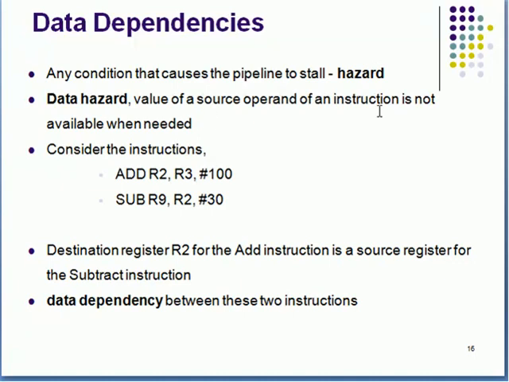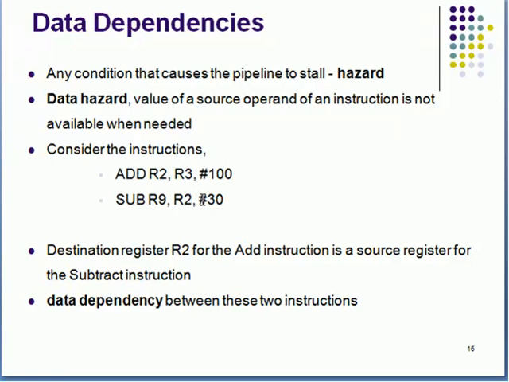So what is a data hazard? Consider 2 instructions, add and subtract. Add R2, R3, 100. That is, here R3 and this value 100 are added and the result will be stored in R2. And then subtract R9, R2, 30.